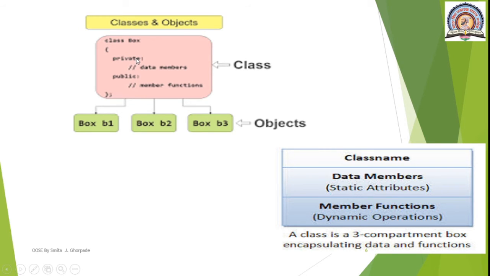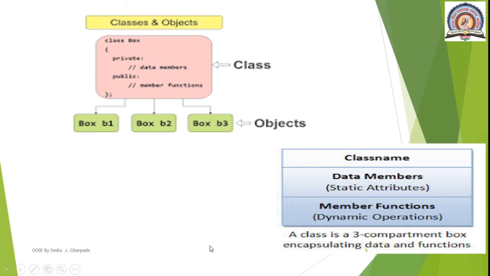Under the private section we can define data members and methods or functions, and under the public section also we can define data members and the functions. From this box class we are creating the objects like B1, B2 and B3. So through these objects we can have communication with the class. We can access the members of the class.